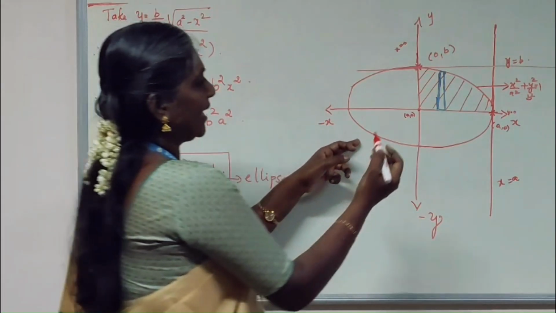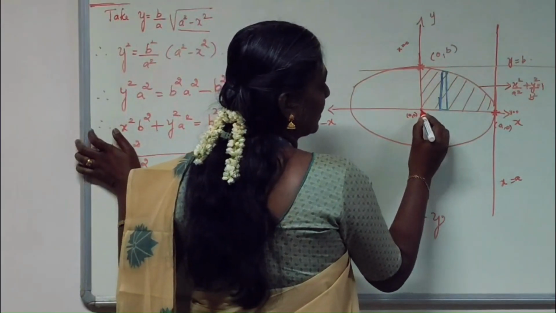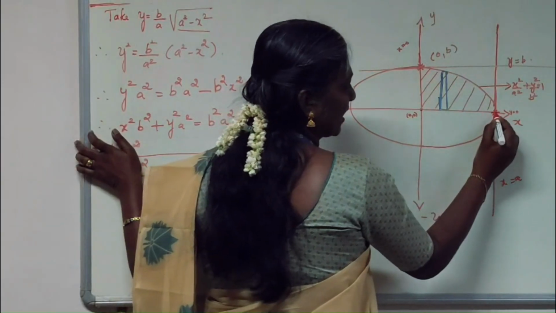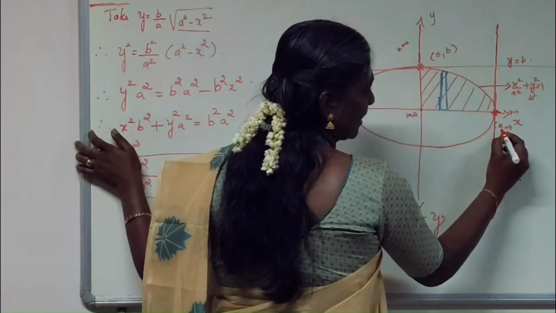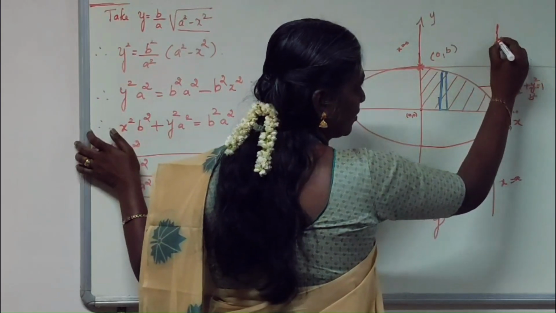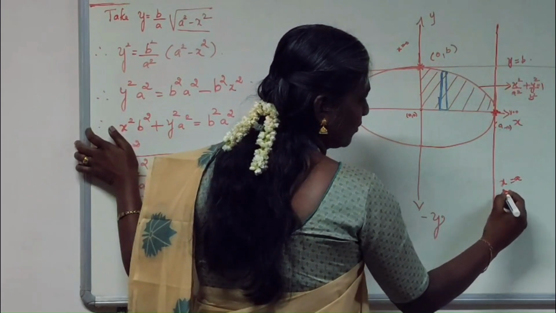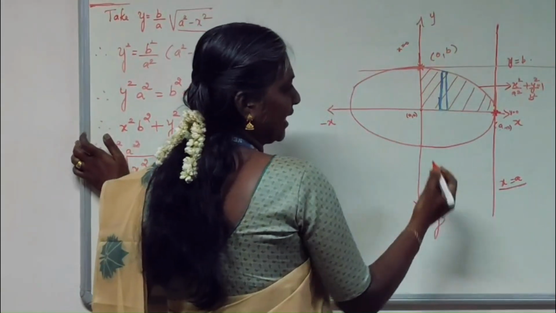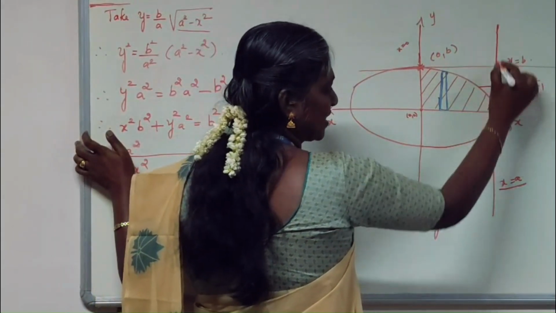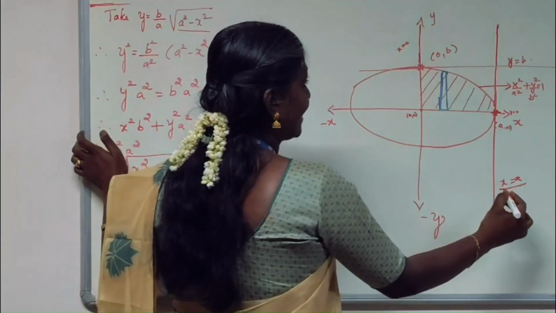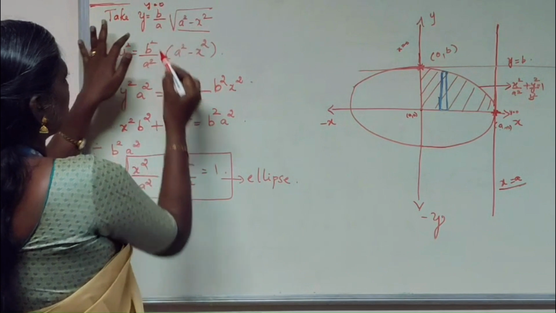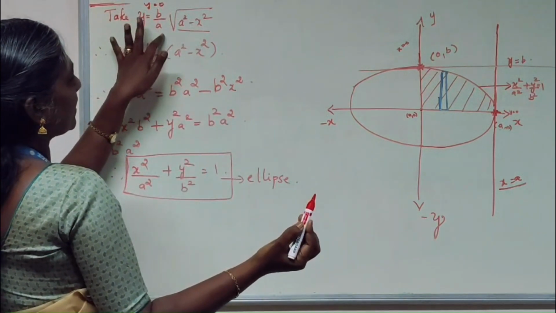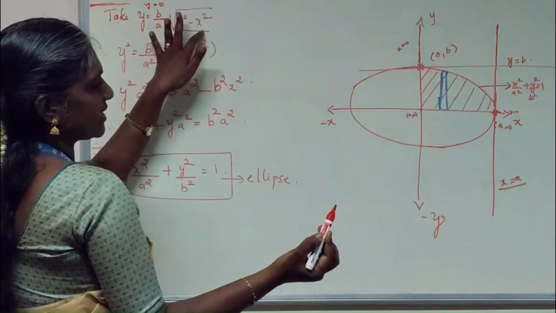Let us see this diagram. Here x varies from x equal to 0 to x equal to a, so the corresponding point is a comma 0. Here we draw the line, named x equal to a. That is the major axis of the ellipse. And then y varies from y equal to 0 to y equal to b by a root of a squared minus x squared.